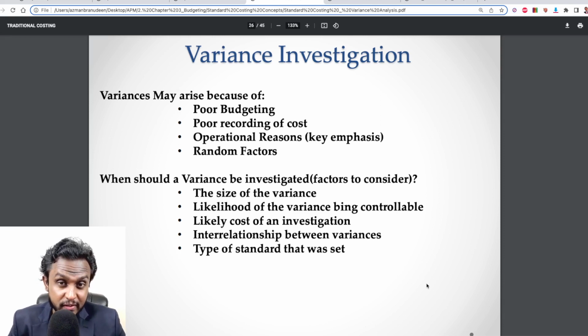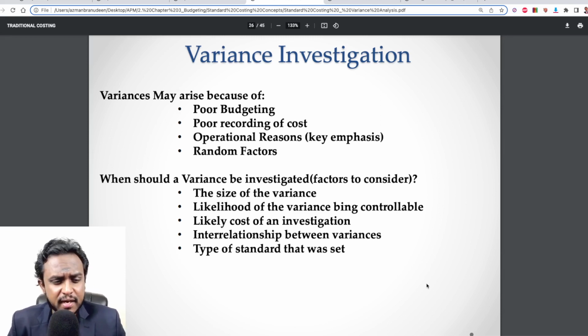You can look at the interrelationship between variances. If you find a variance that is affecting a lot of other aspects of the business and causing a lot of other variances, it's really good to address that root cause variance. Also consider what kind of standard was set. If your budget was ideal and unimaginable, things that you would never have achieved anyway and very impractical, then of course your variances are going to be adverse.